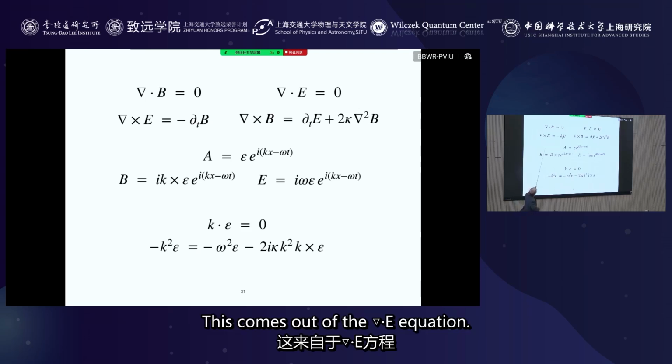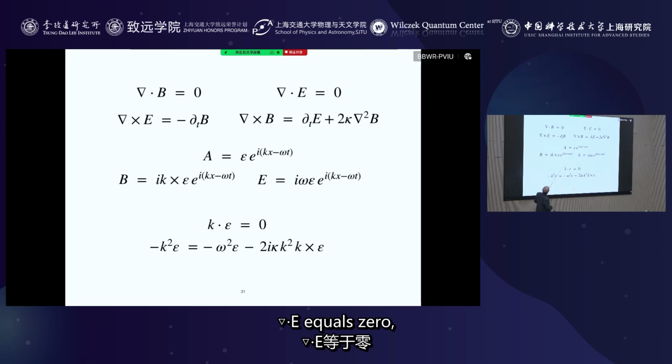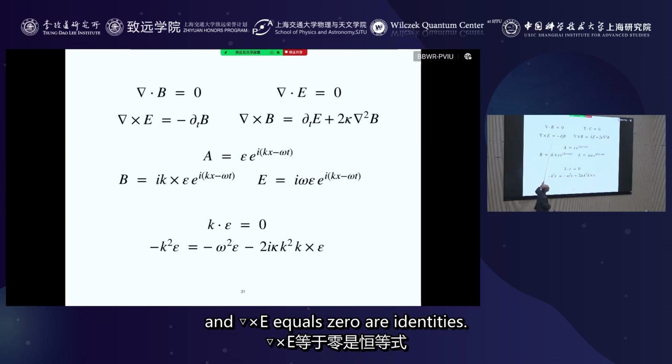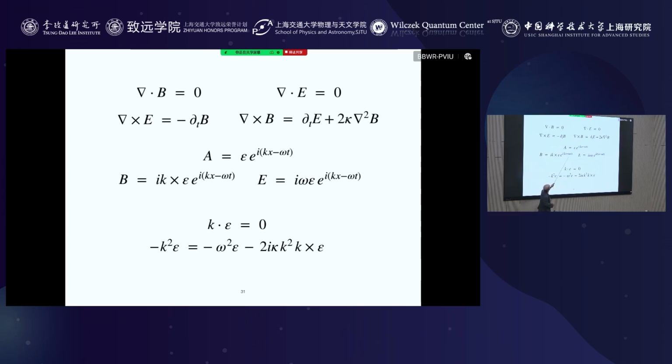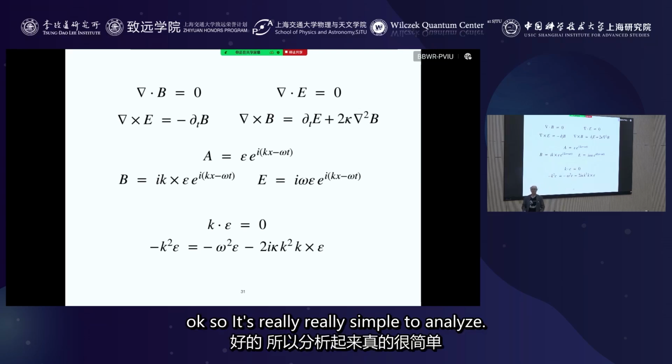This comes out of the del dot E equation. del dot B equals 0 and del cross E equals 0 are identities once we've decided to use vector potentials. So those are automatic. Del dot E is this one, and del cross B here is this one. Okay, so it's really, really simple to analyze.